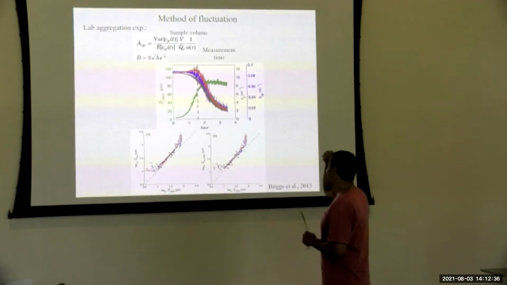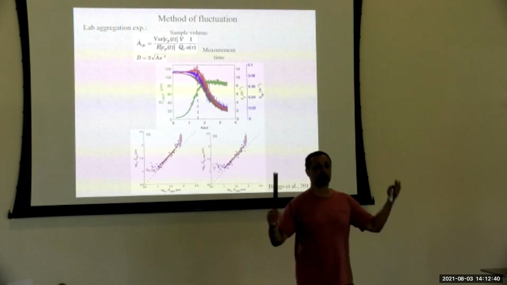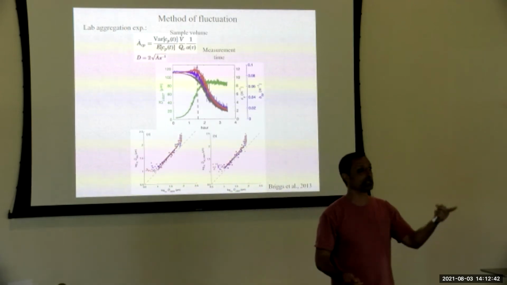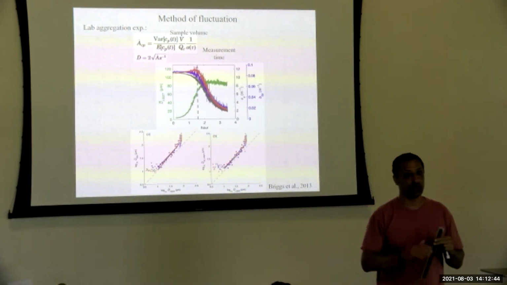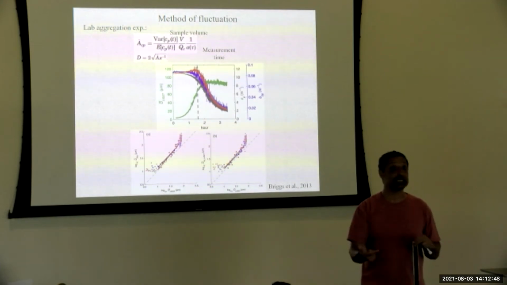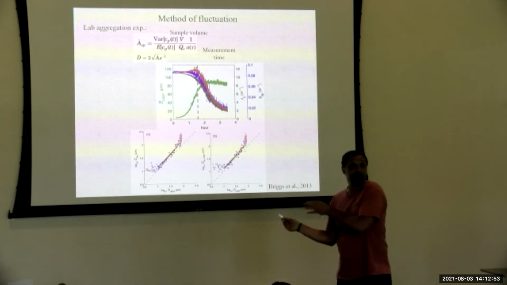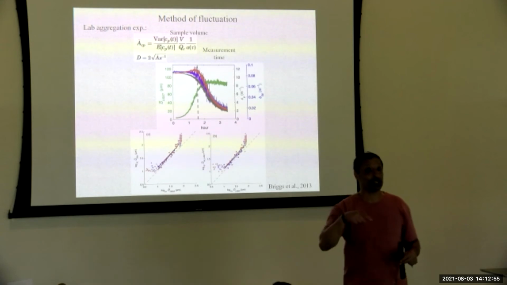So what Nathan did is, you remember these experiments we did in the sink with the aggregates where stuff fell down? We had beam attenuation, we had backscattering, we had the LISST in there that tracks the size. He took the same data and just looked at the fluctuations.